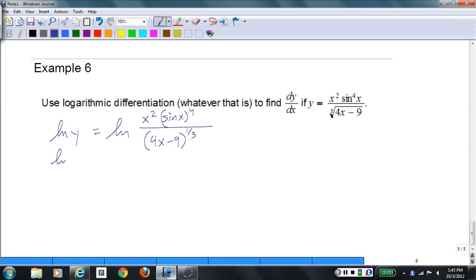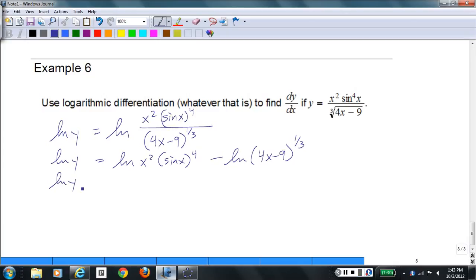So on the left, we just copy and paste. On the right, the log of a quotient equals the difference of the logs, so log of the numerator minus the log of the denominator. And then the log of this product, x squared times sine of x to the fourth, is equal to the sum of the logs.